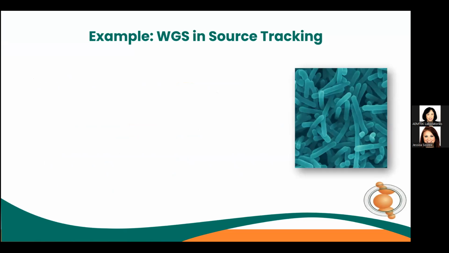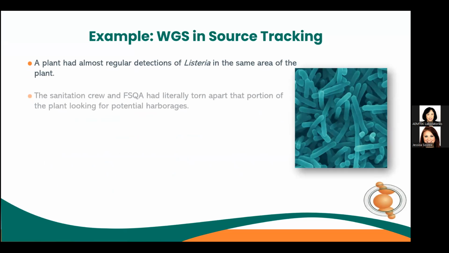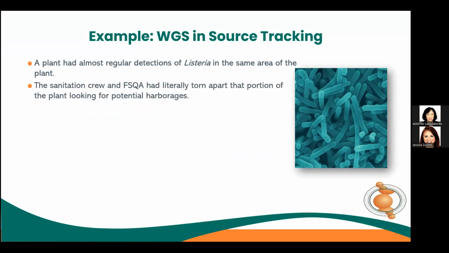So here's an example of how private companies can use whole genome sequencing in source tracking. A plant had regular detection of Listeria in the same area of the plant. The sanitation crew and FSQA people had literally torn apart that portion of the plant looking for potential harborage.